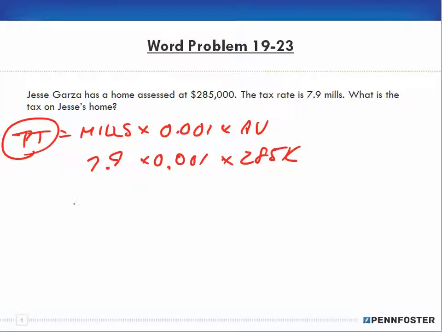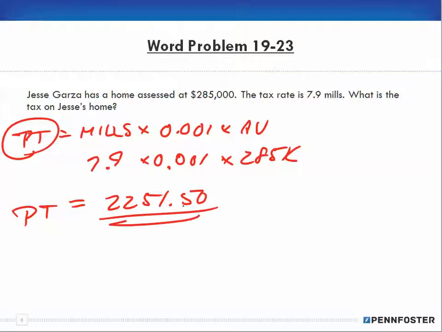When we multiply all of that across, my property tax ends up being $2,251.50.